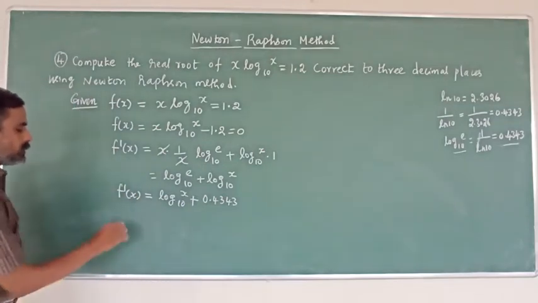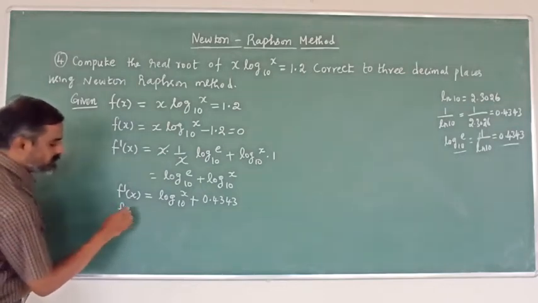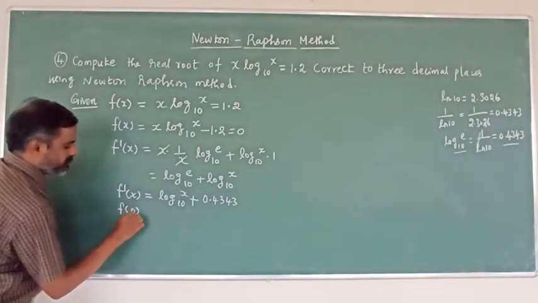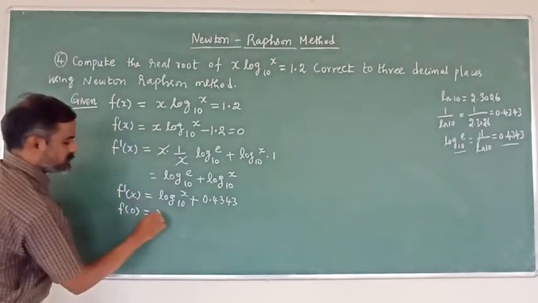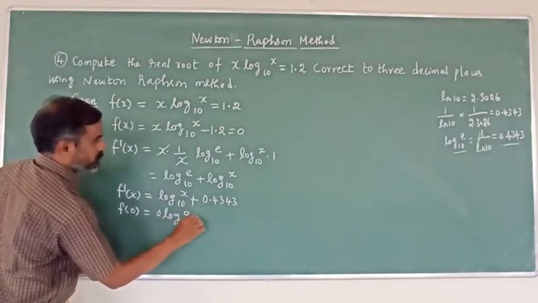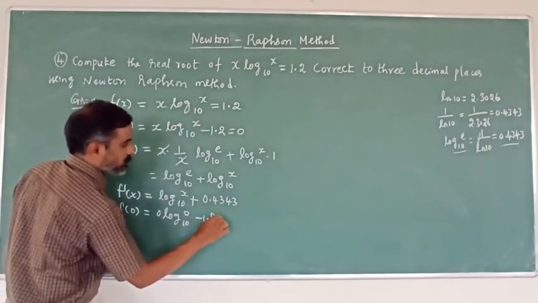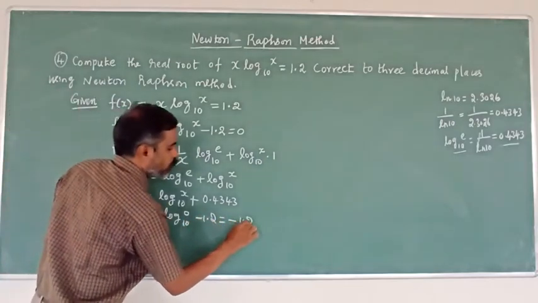Now to find the real root, for that fix f(0). f(0) is 0 log₁₀ 0 minus 1.2, we get the result minus 1.2.